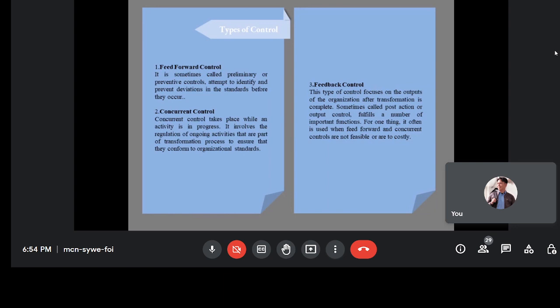Moreover, feedback has 2 advantages over feed-forward and concurrent control. First, feedback provides managers with meaningful information on how effective their planning effort was. If feedback indicates little variance between standard and actual performance, this is evidence that planning was generally on target. Second, feedback controls can enhance employees' motivation.